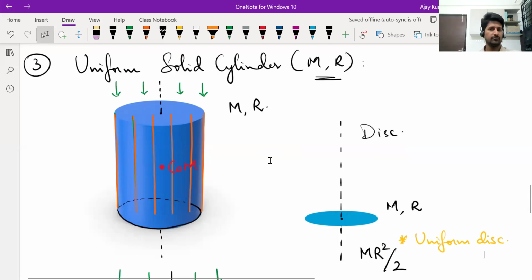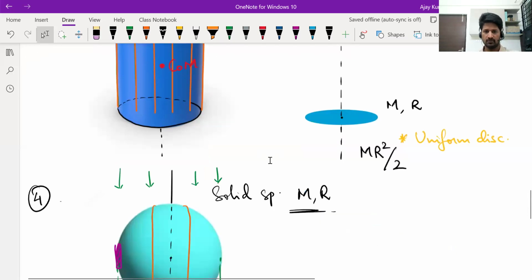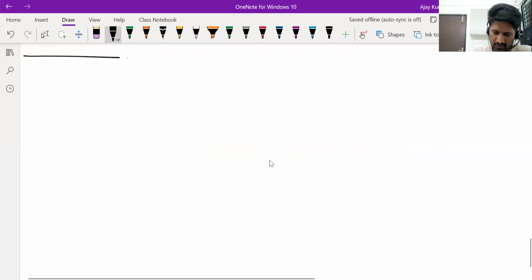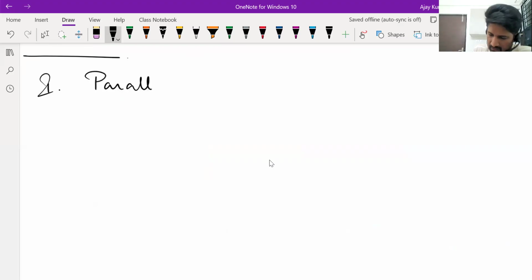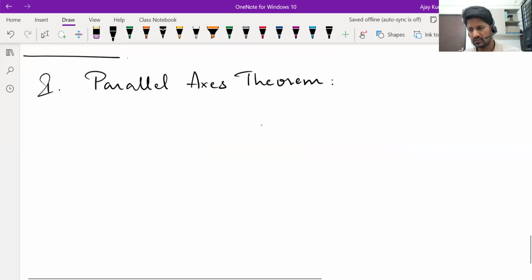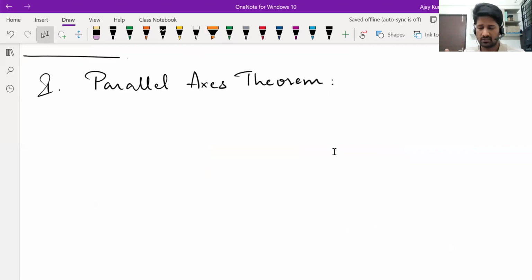In fact, there are two theorems for moment of inertia that can be used. First, parallel axis theorem. Follow this carefully. These are very, very important. Moment of inertia is one of the most important topics in your syllabus.